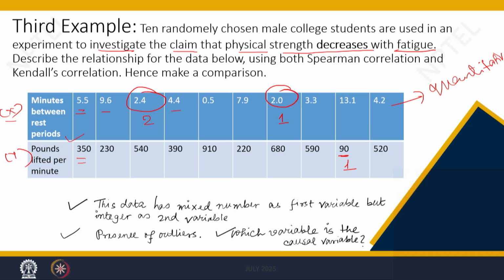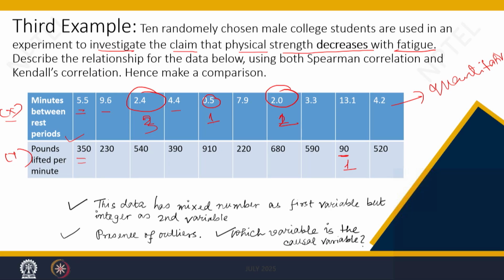Okay, I think I have made a mistake. This will be rank 1, isn't it 0.5? I'm really sorry. This will be 1, this will be 2, and this will be 3. Yeah, you see that sometimes it is extremely confusing, unless you are mindful.